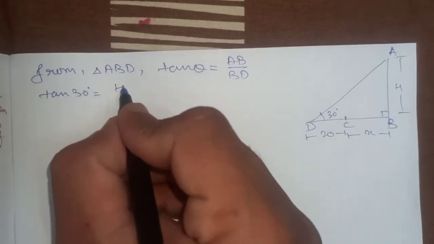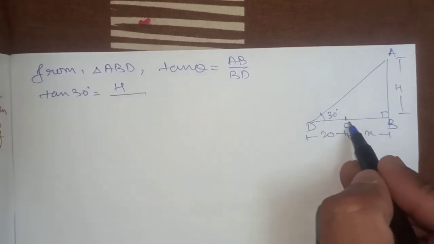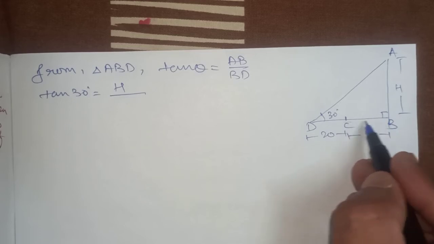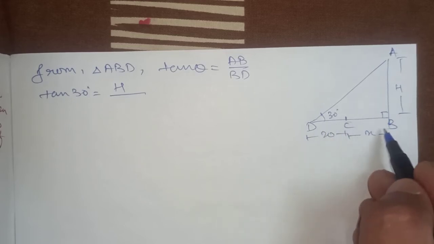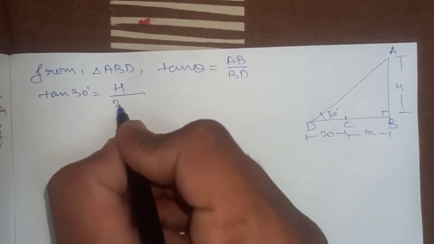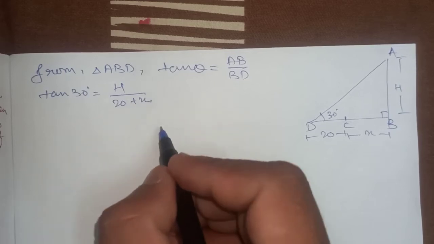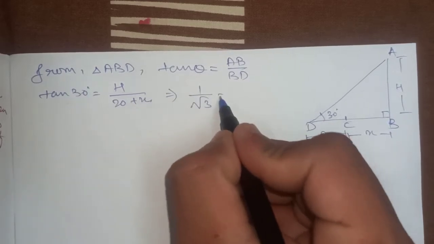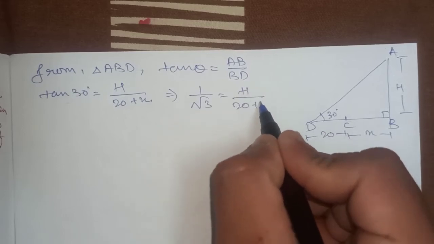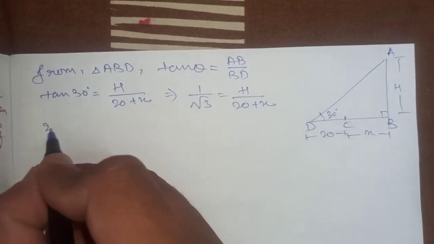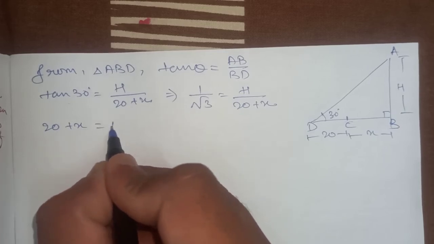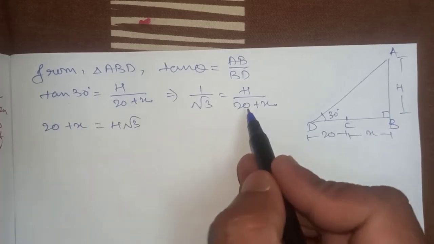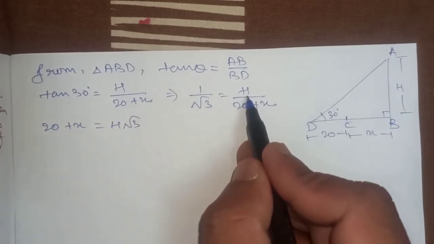AB is h, BD is BC plus DC, that is x plus 20. Tan 30 is 1 by root 3, equals h by 20 plus x. Just cross multiply, you will get 20 plus x equals h root 3.